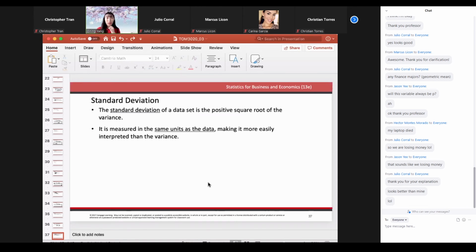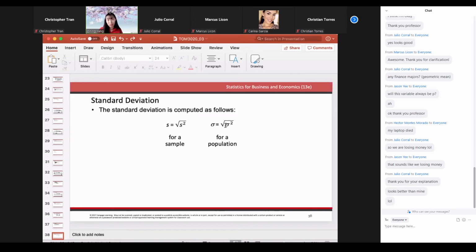That's for variance. Standard deviation is one step beyond. Standard deviation is the positive square root of the variance. So the square root of sigma squared gets you sigma, the square root of s squared gets you s. So that's standard deviation for population and for sample.